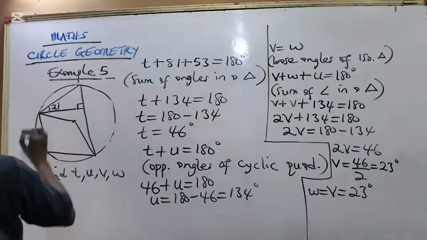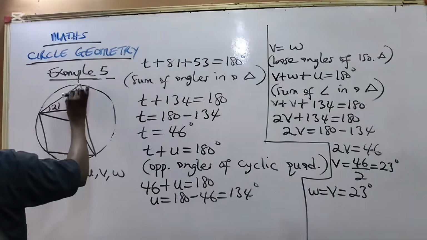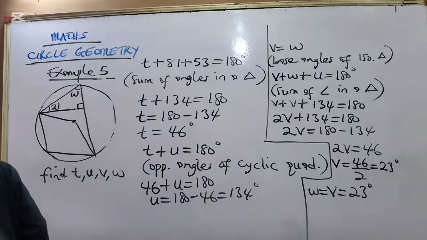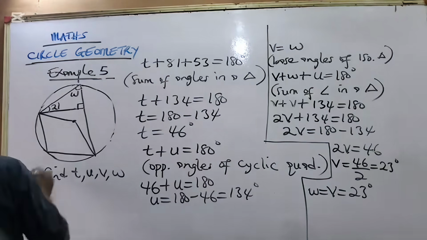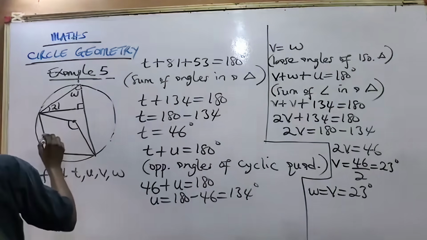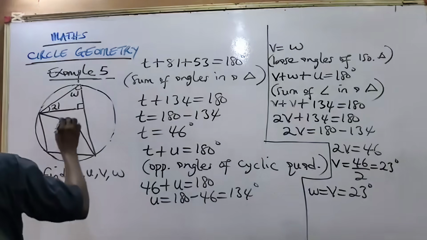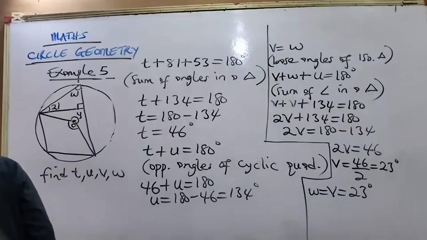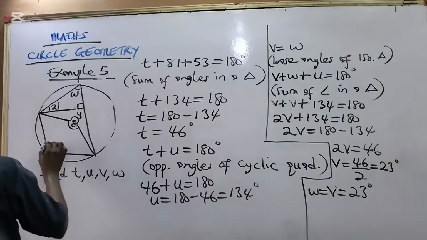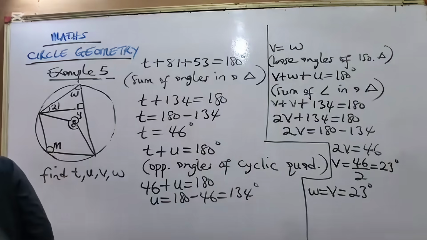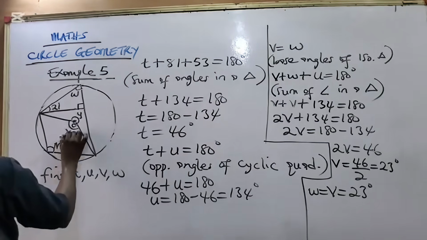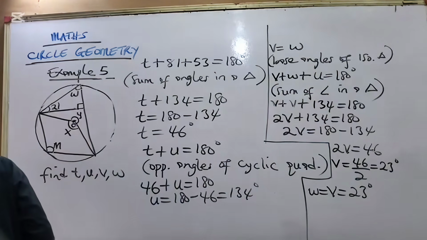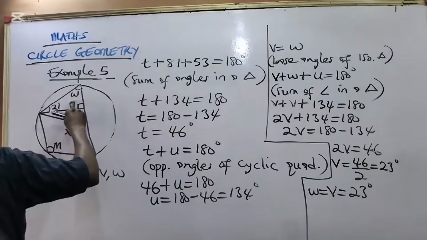Here's 21. Here's W. Here's the center O. Here's Y. Here's M. And here's X. This is Z. We have 21, W, 90.